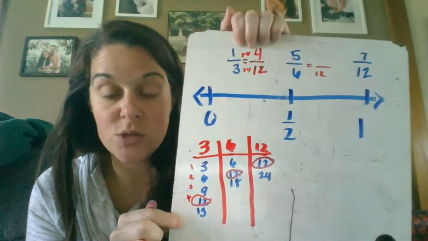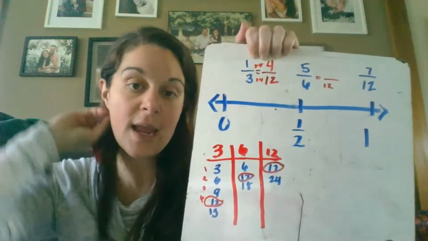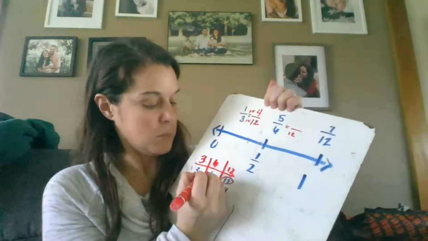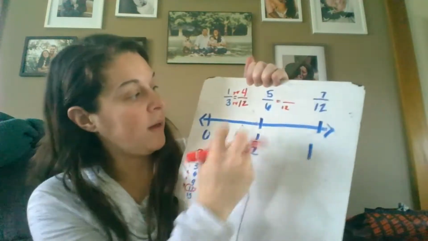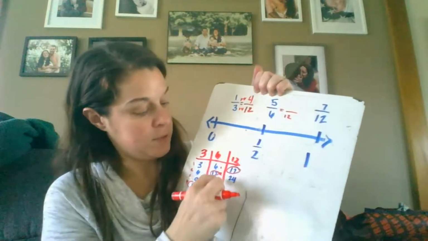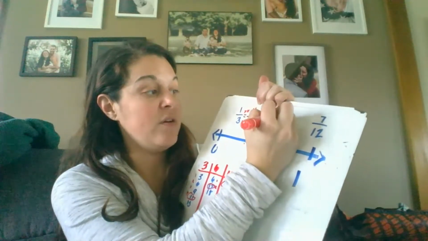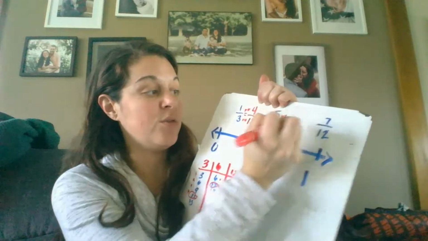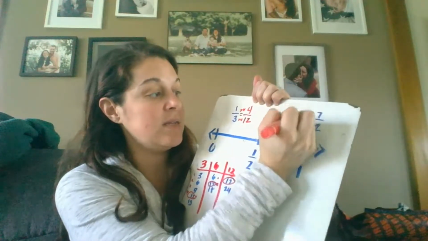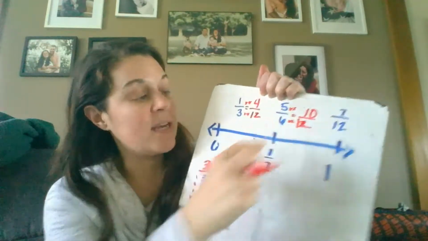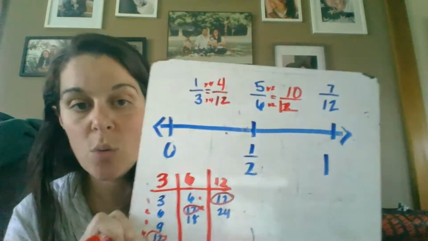Same process that I've been doing the whole time. Now if I look at 5/6, same thing. Go down my 6s. Okay, 6 times 2, because that was my 2 jumps, gave me 12. What I do to the denominator, I do to the numerator. 5 times 2 is 10. So now I know that 5/6 is equal to 10/12.